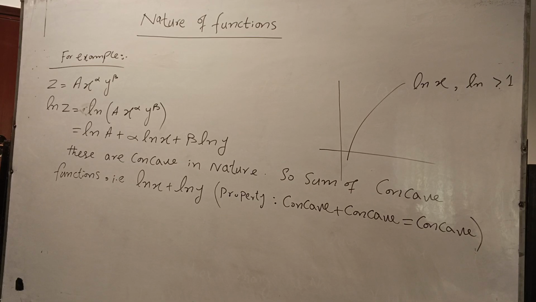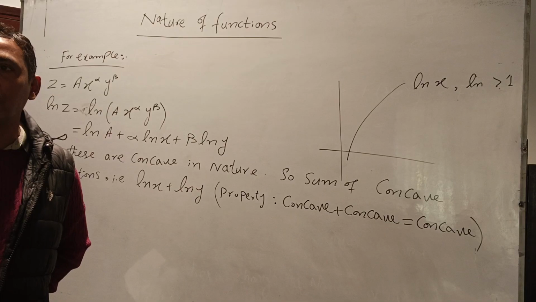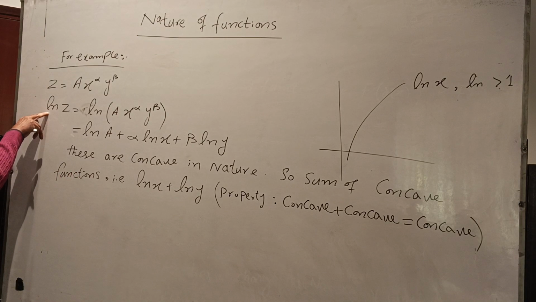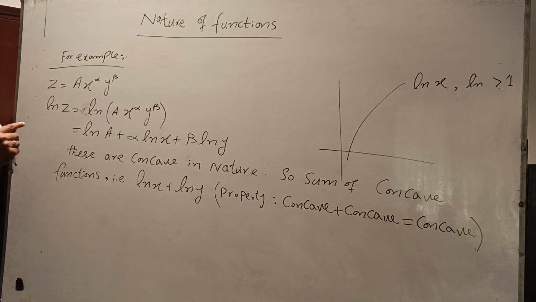So when we have a function that is concave, right, and it is transformed with any increasing function, can we transform with an increasing function of ln z? Clear? So it will not change the nature of the function.